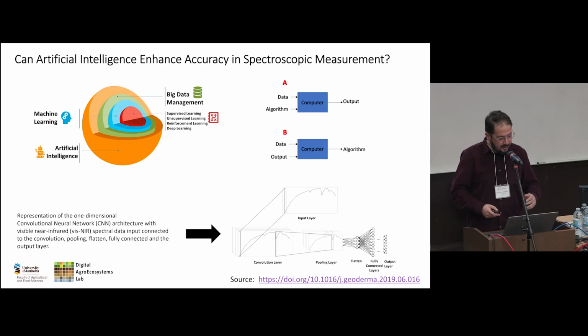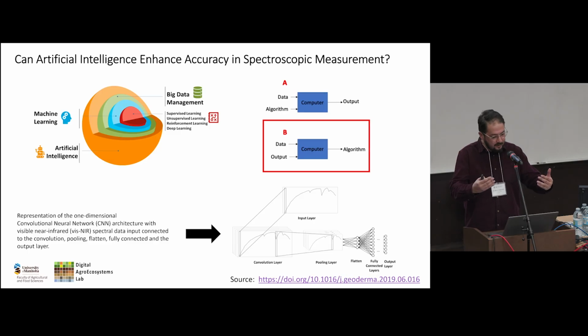In supervised machine learning, in the classical way, we use the data input and the output to build up the model that explains the relationship between them. And we use a bunch of those algorithms in order to understand if the prediction will be enhanced with the existing technology. We also use a neural network, another form of deep learning, which understands the relationship of all the properties of your target, which is the soil, and the spectra as the responses to these properties.